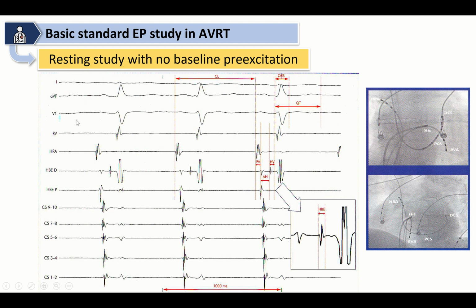Then see the RV, high right atrium channels, HIS and the CS channels. And you have to assess AH and HV. Also you have to measure the intervals, PR interval, HV interval. And with concealed accessory pathway, it will be normal.